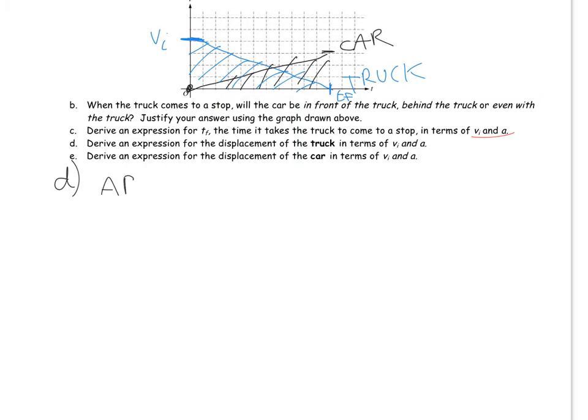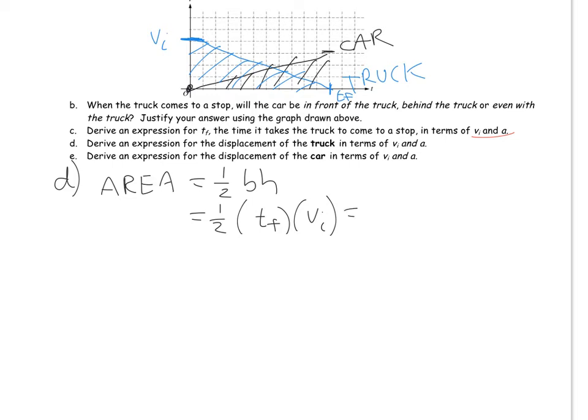area. So thinking about this triangle here for my truck, because it's the displacement of the truck, that's going to be equal to 1/2 base times height, 1/2 tf, which is my base, times my height vi. But I notice my final expression needs to be in terms of vi and a, so that tf is out.